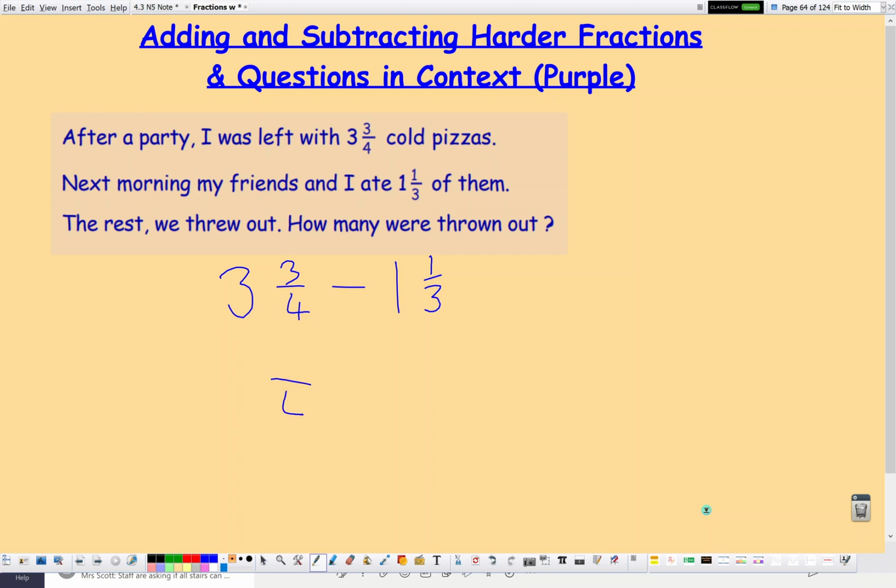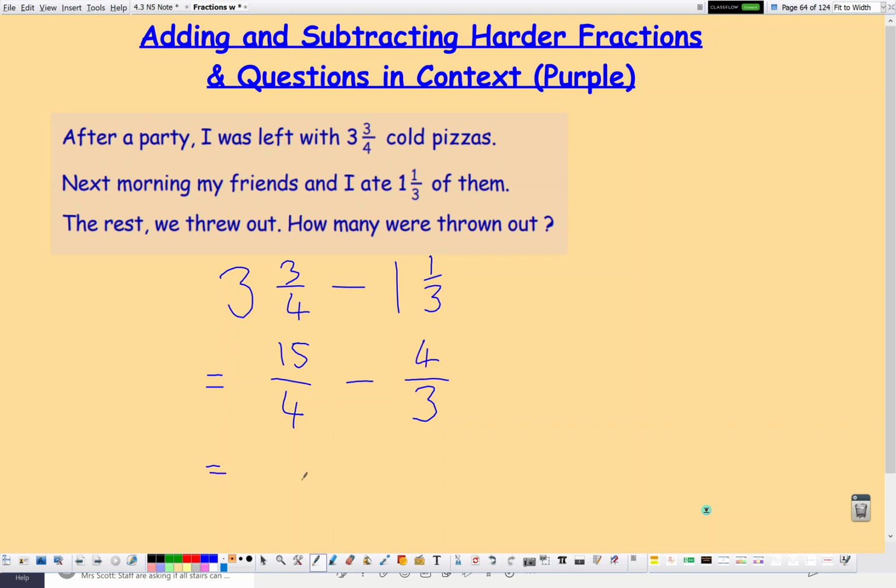So again, I like to write the denominators keeping the same at the bottom when I'm doing the conversion. It's 4 times 3 is 12, plus another 3 is 15 quarters. 3 times 1 is 3, plus 1 is 4 thirds.